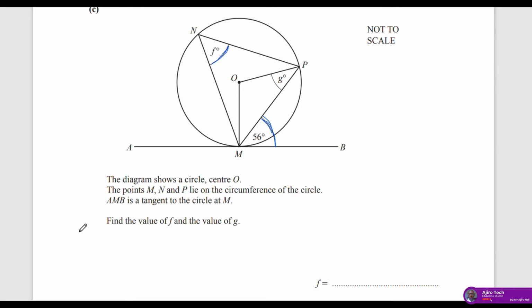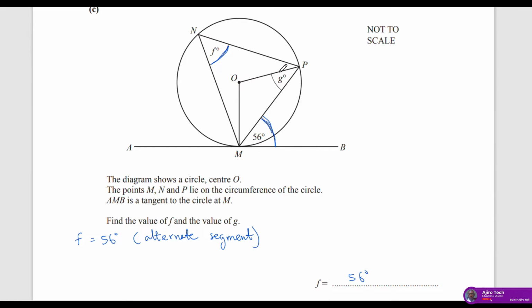So F should be equal to 56 degrees. If you like, let them know that you are using the alternate segment theorem. So F is 56.